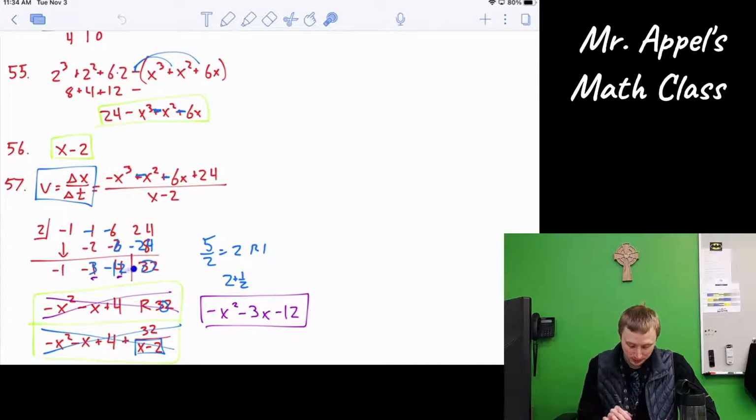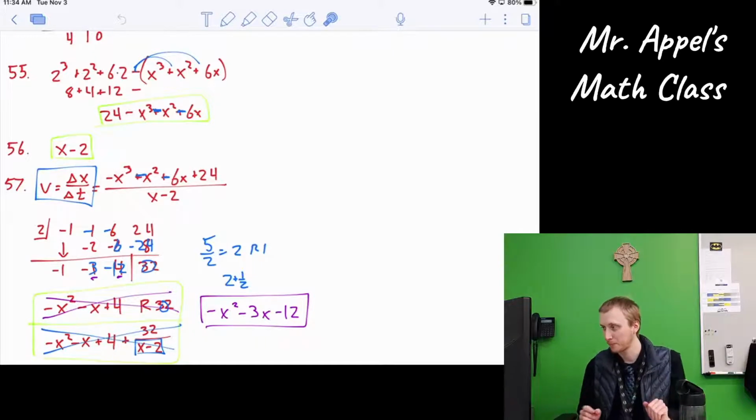Let's go grab the synthetic division. And pardon me, I forgot the negative sign when I originally wrote this, so that's corrected there in blue. And so your final result is negative x squared minus 3x minus 12, no remainder.